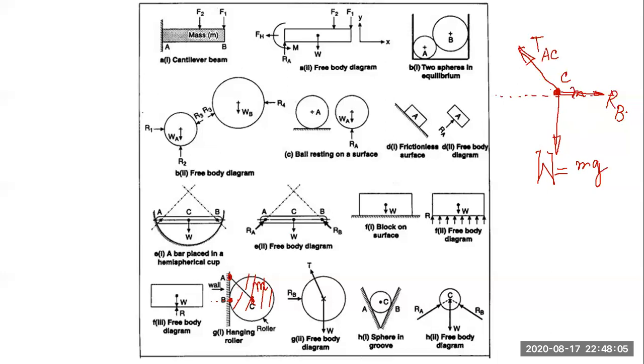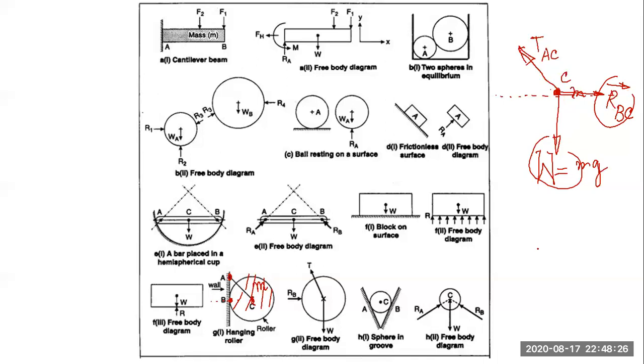So we are sure that RB towards C is from B to C. This force RBC is from B to C. Now, what do you think is the possible equivalent force of RBC and W?